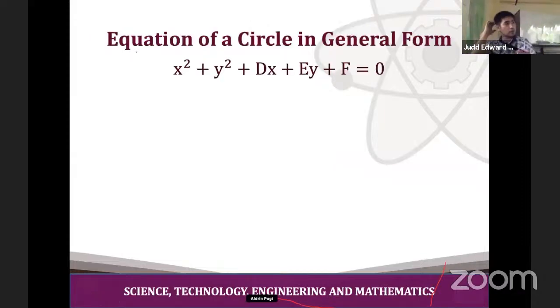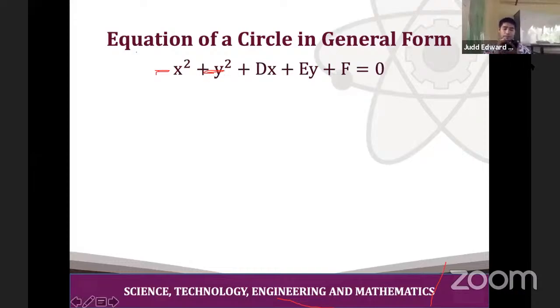Okay, so let's now move on to whether a circle is in general form or standard form. So this is the circle in general form, and the equation is x squared plus y squared plus dx plus ey plus f is equal to 0. We can only say that an equation given to us is a circle if and only if the coefficients of x squared and y squared are equal. Kung equal yan, we could say that it is a circle.